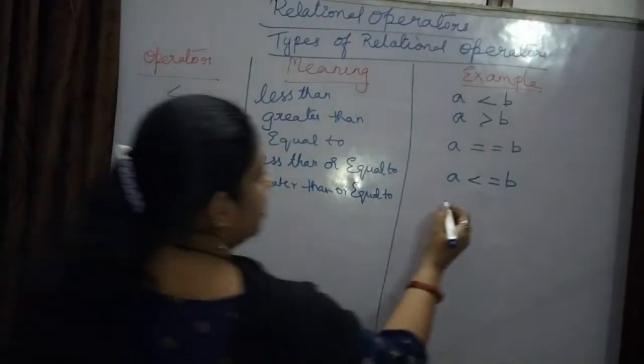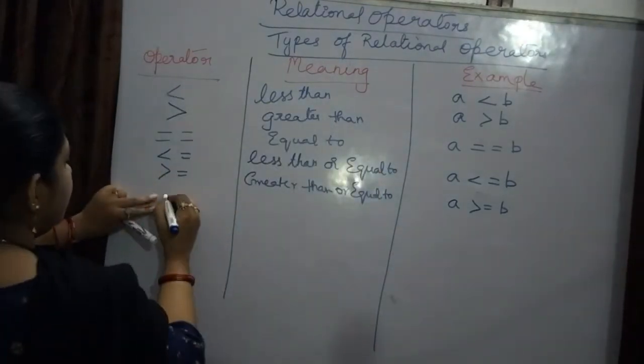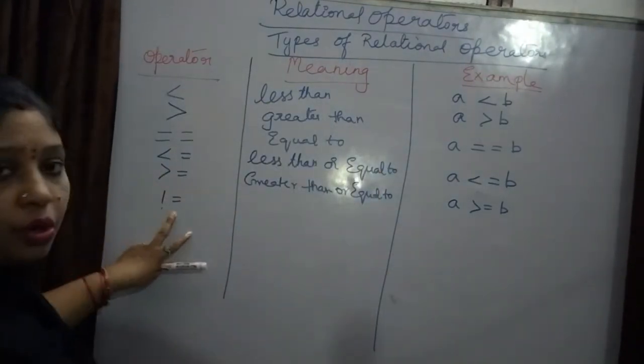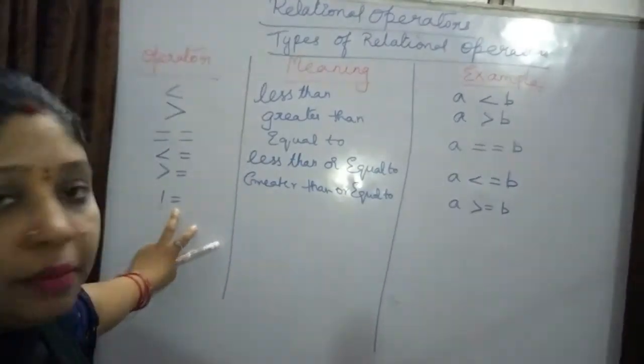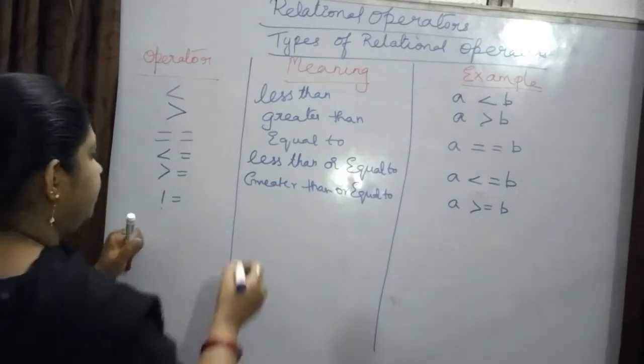Same thing again, greater than or equal to: A >= B. Next one is not equal to. You will call this exclamation mark, and beside that an equal sign, it is called not equal to.